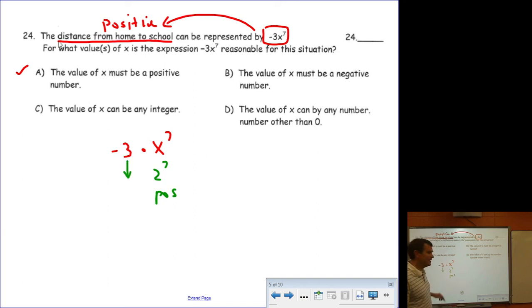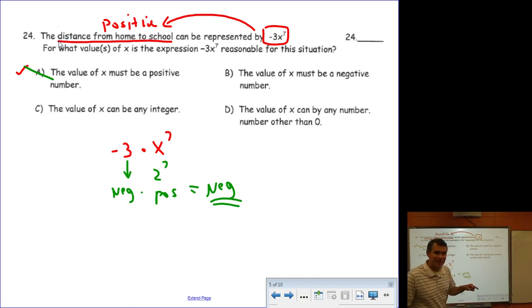And of course, negative 3 is always going to be negative. So when I multiply negative 3, a negative, times a positive result for x, a negative times a positive is negative, and that cannot work. X cannot be positive. Choice A does not work.